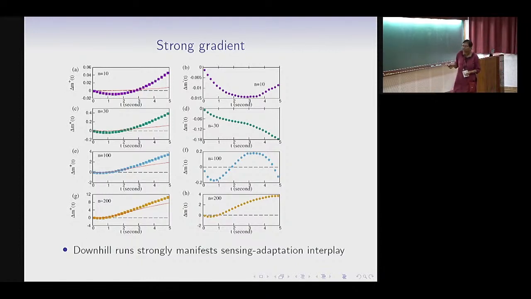In fact, look at this one, n is equal to 100. This is a perfect showcase of sensing adaptation interplay. What happens here is for short times, there is strong demethylation, but then that strong demethylation brings the activity so low that now methylation has to take over.